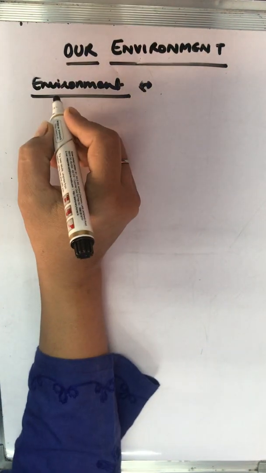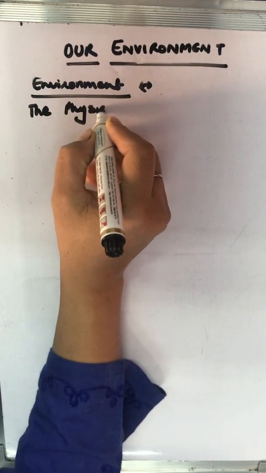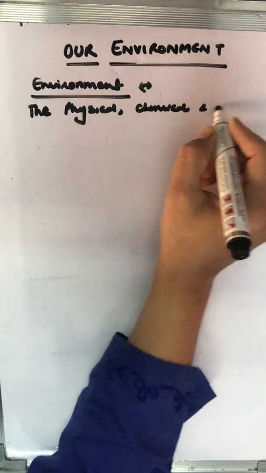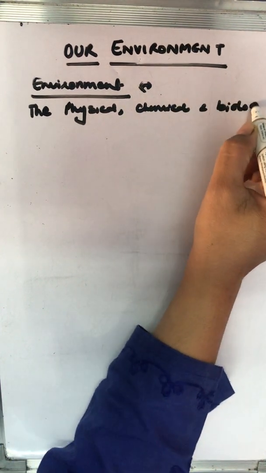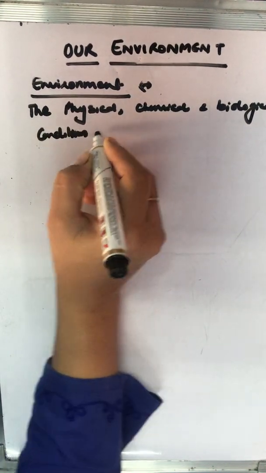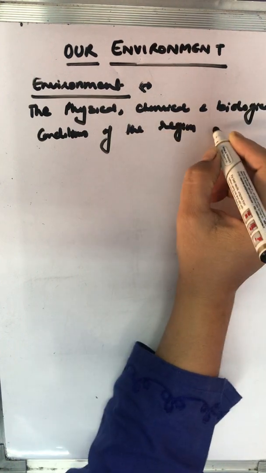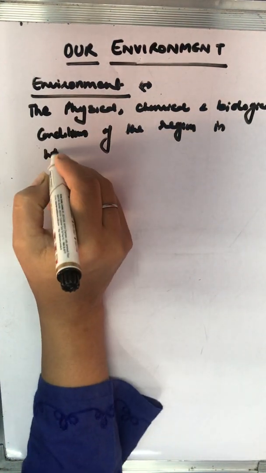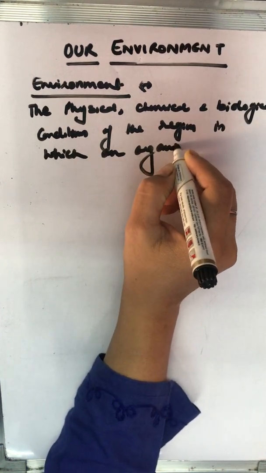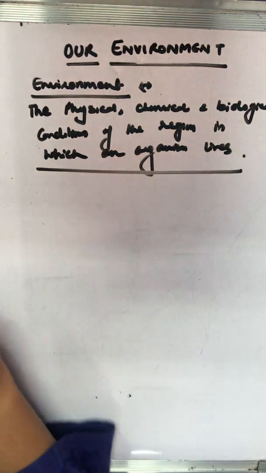Now, what is environment? The physical, chemical, and biological conditions of the region in which an organism lives is called its environment.